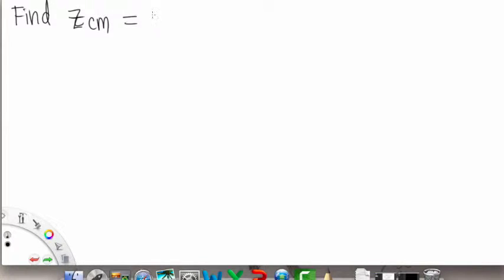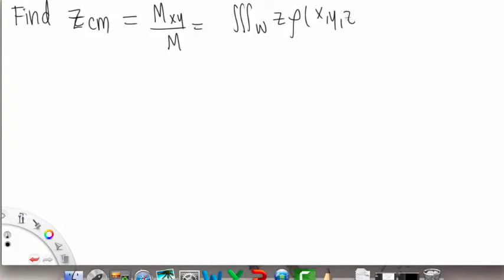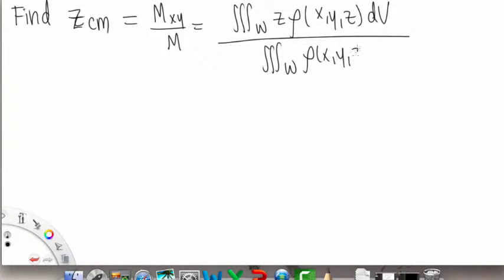So this is going to equal m of xy over m. And these, respectively, are the triple integral over W of z rho of xyz dV, over the same thing except without the z. So then we have the following.